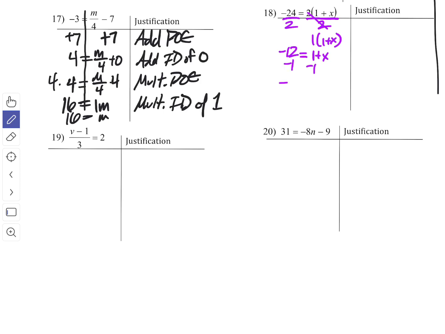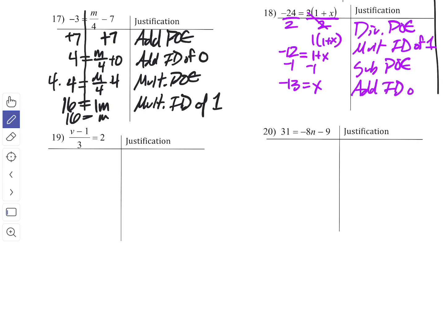Subtract 1 from both sides, and we get negative 13 equals x. So we did the division property of equality, then multiplicative identity of 1, and we did the subtraction property of equality. And I didn't show it, but we did do that additive identity of 0.